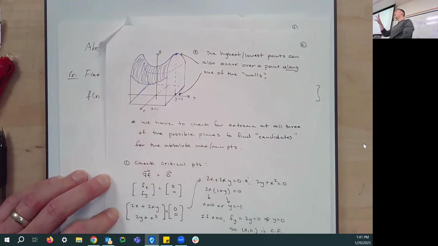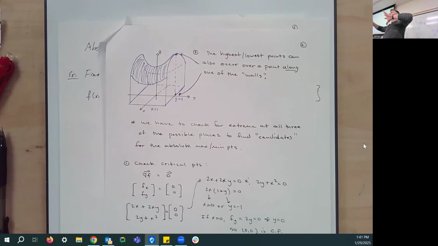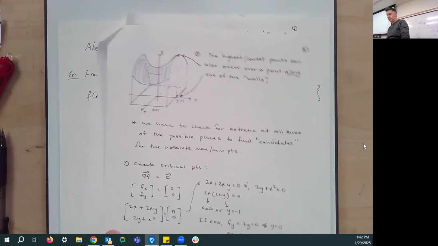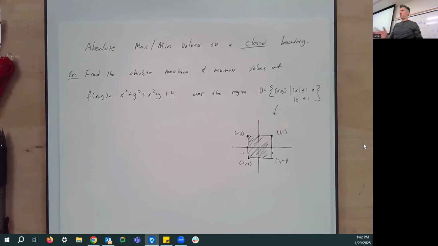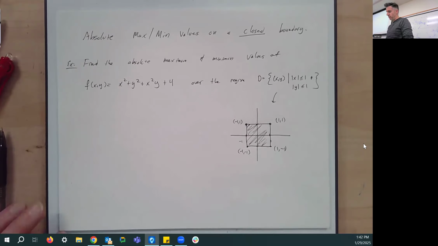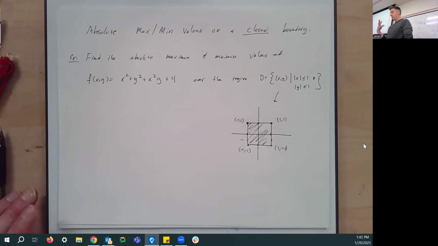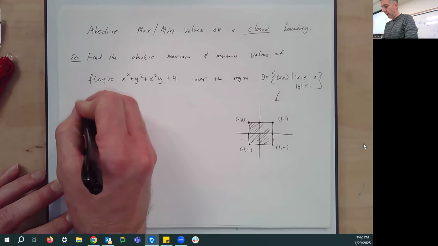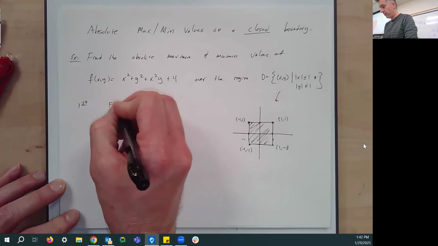So there are three different parts we have to look at. You have to look at the points in the middle of the region. You have to look at the corners, and then you have to look at the edges of each boundary and see where you might have a maximum or minimum there. So that's what we're going to do. I think in class he did not talk about the corners really, but usually you have to check the corners in some way, shape, or form. So we're going to do all three of those things. The first thing we're going to do is find critical points in the usual way.